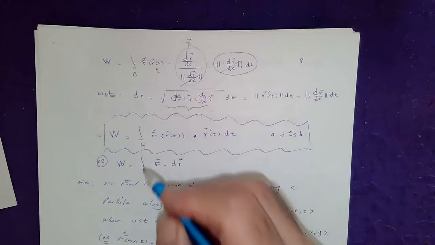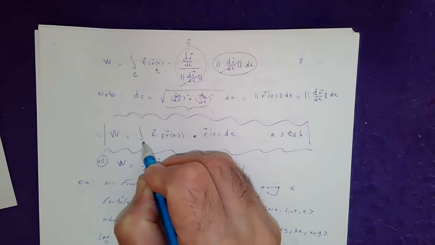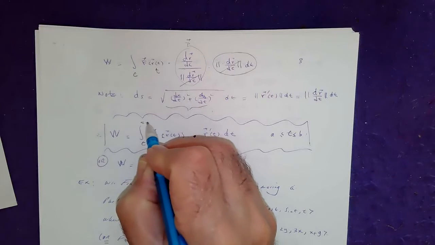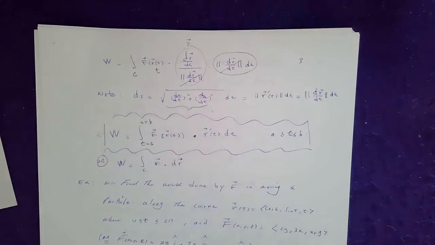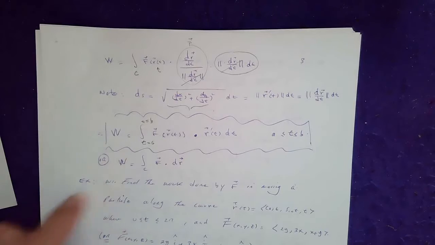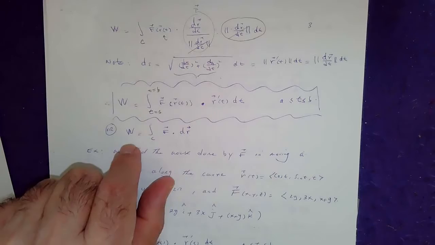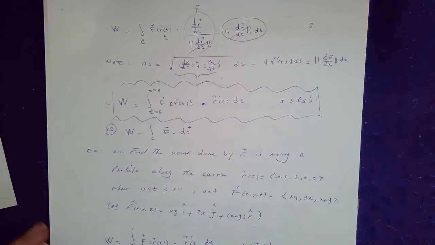And t goes from, let's say, a to b, and then I get a number. That would be how you evaluate the work of moving an object on a curve from one point to the next point on that curve. So let's do an example.